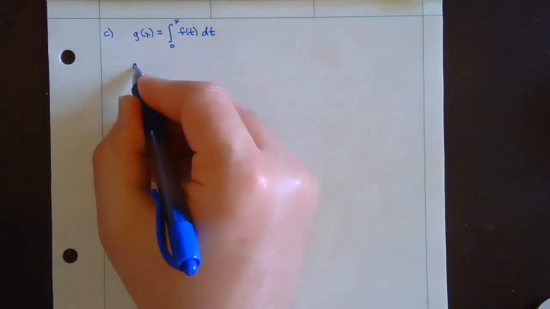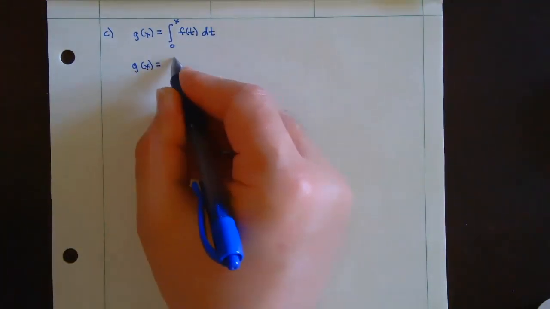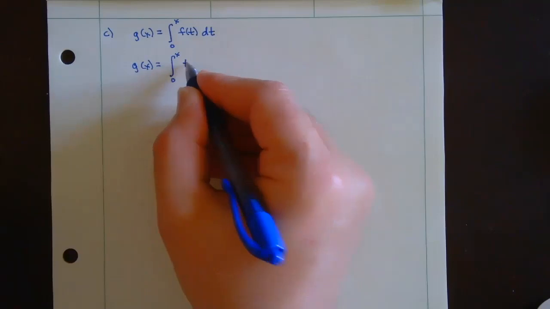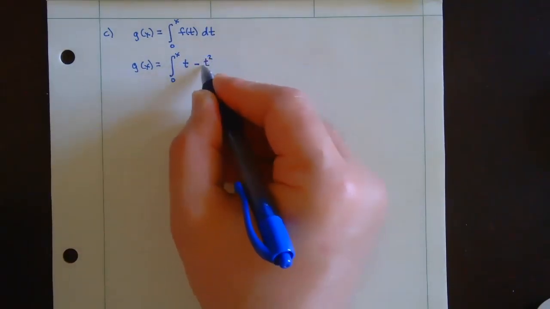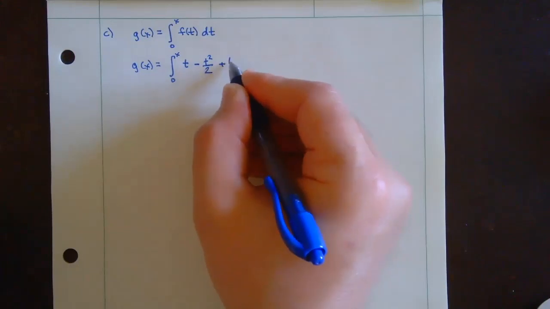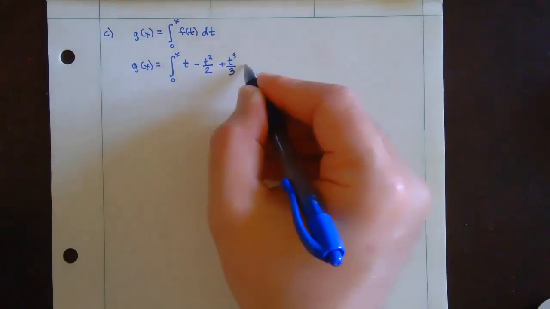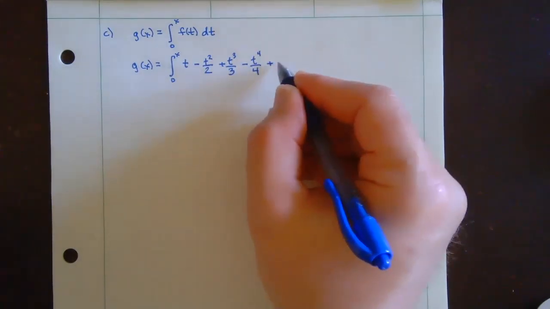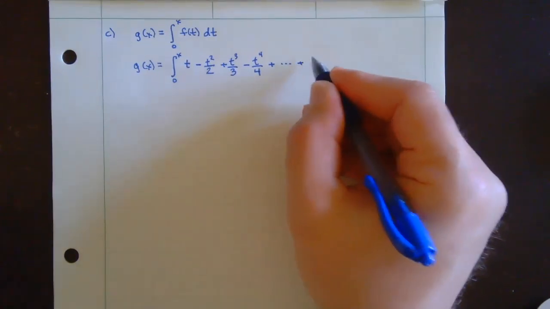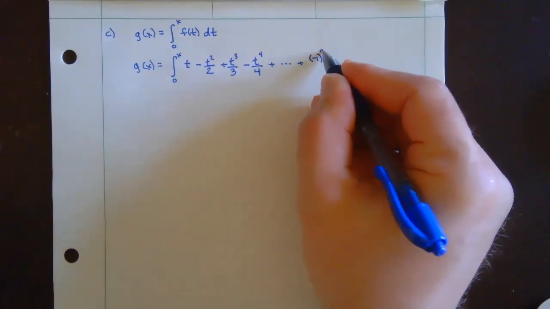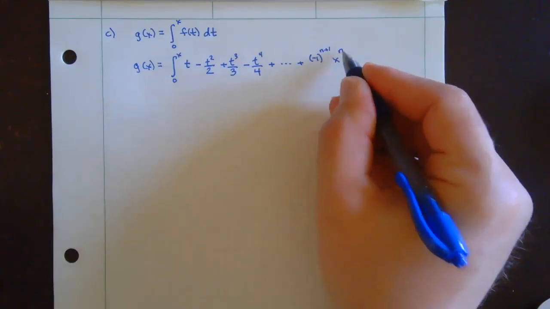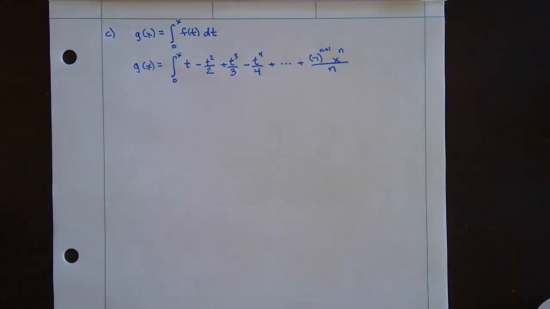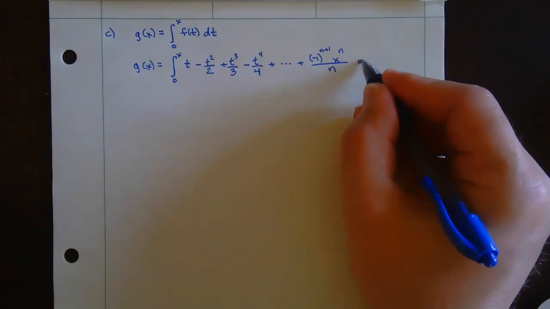So that would mean g of x is equal to the integral from 0 to x of t minus t squared over 2 plus t cubed over 3 minus t to the 4th over 4, and then plus ... and then plus negative 1 to the n plus 1 x to the n all over n, and then dt.